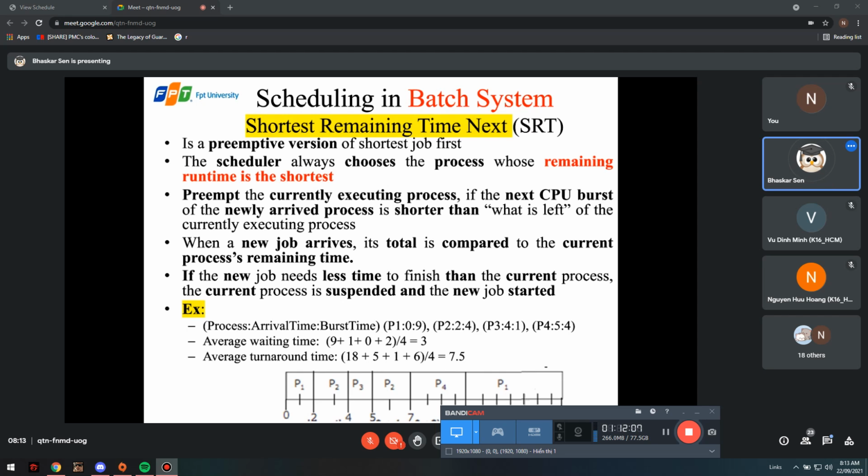After 2 more bursts, at burst number 4, as you can see, P3 arrived with just 1 burst.